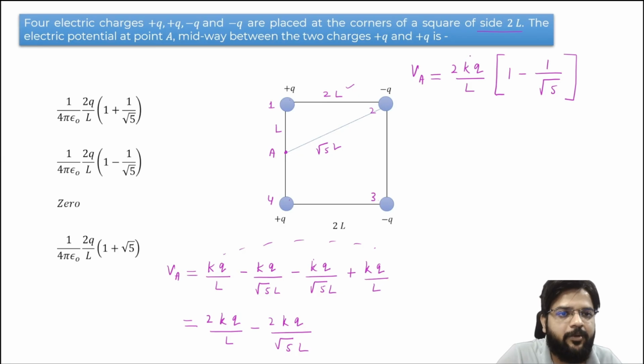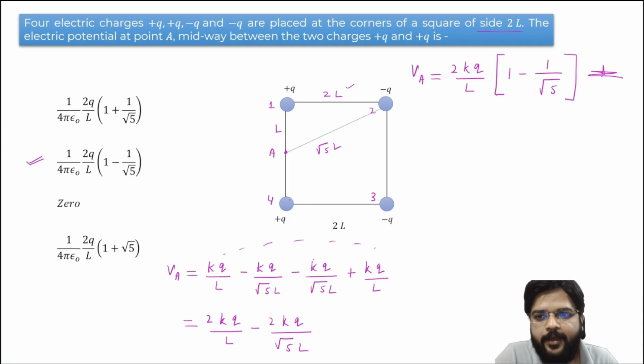And if I put k value as 1 upon 4 pi epsilon, which option are we getting? We are getting option number B. So B is the correct answer, everyone: 1 upon 4 pi epsilon, 2q by L, 1 minus 1 by root 5. So this is the final answer. I hope this thing is clear, everyone, how we can do this question.